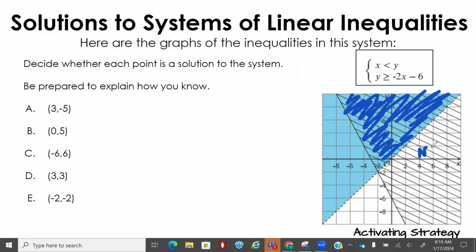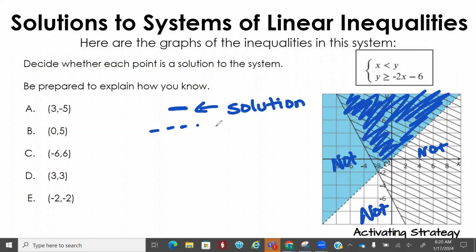Okay, so this guy is not a solution. This guy's not a solution. This guy's not a solution. It has to have that overlapping piece. Okay. So solid line is going to be a solution. Dashed line is going to be not a solution.